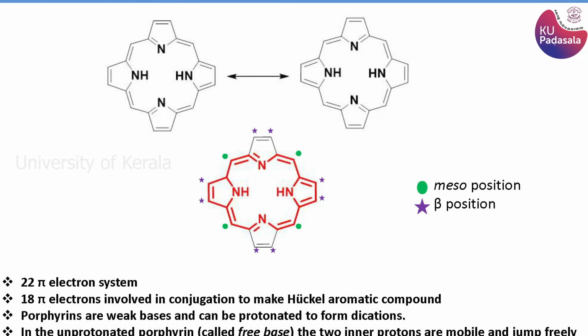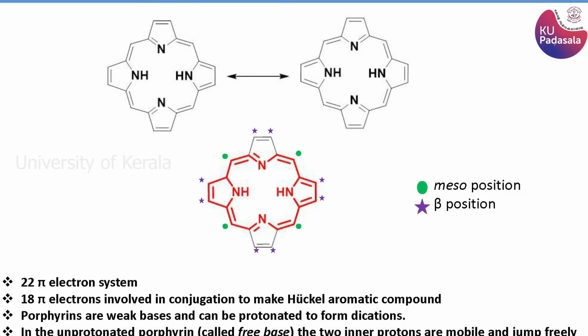All different kinds of metals can occupy the inside of this core of the porphyrin, and once it's metallated, the properties of the porphyrin will entirely change. An example is the one we discussed earlier, hemoglobin and chlorophyll. Both have similar structures, not exactly the same. In one compound we have iron at the center, and in the other we have magnesium at the center.